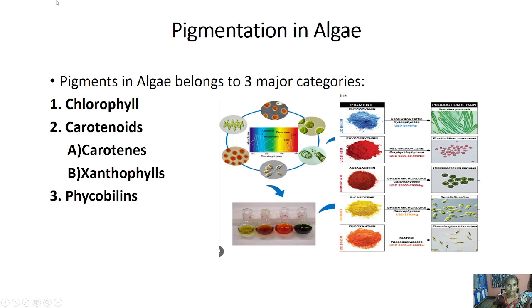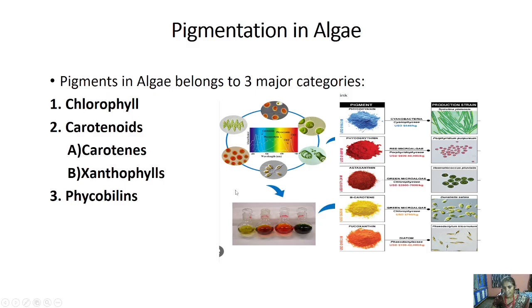So let us study the pigmentation in algae. The pigments present in algae are generally categorized into three major groups. The first one is chlorophyll. The second type of pigments are carotenoids, which include carotenes and xanthophylls. And the third type of pigment is phycobilins.